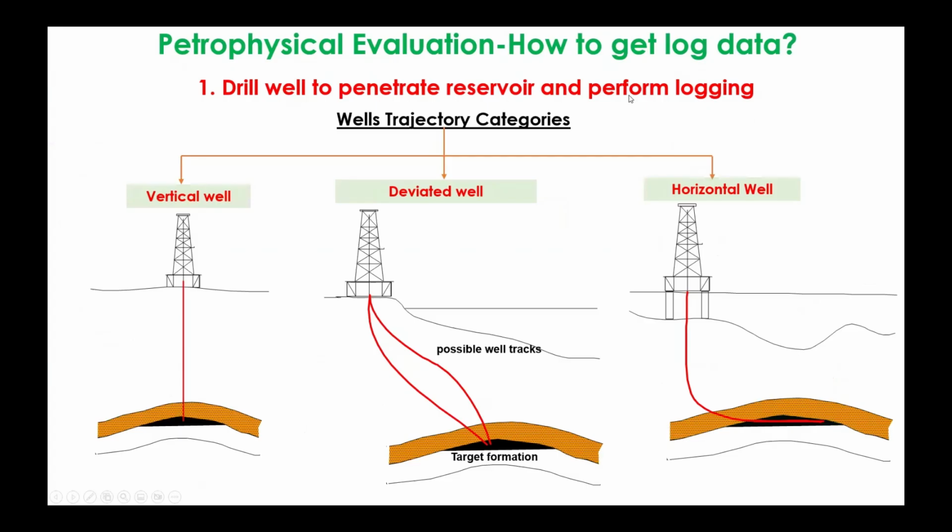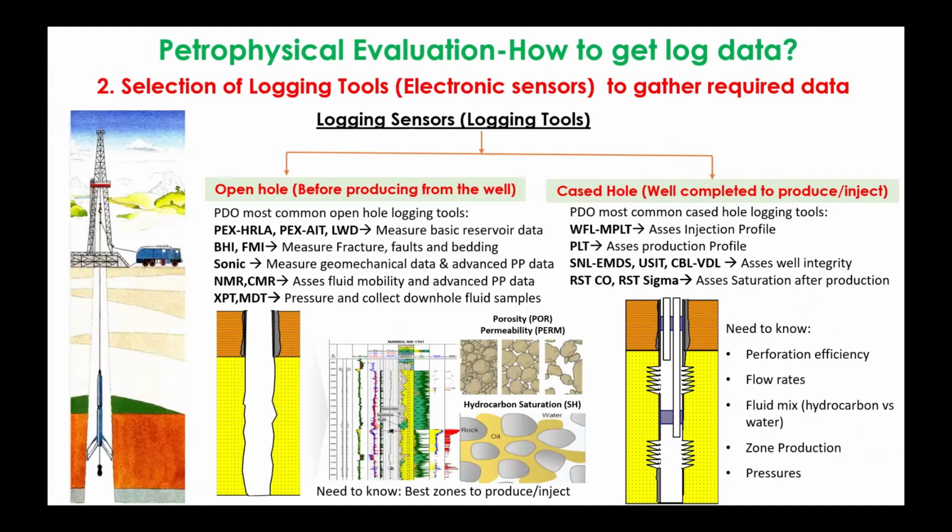I will explain now how we get the log data very quickly. We drill a well that penetrates the target reservoir to be able to acquire the logging data. The well trajectory depends on the best development options for the field and also on the location of the target reservoir. Then logging tools are used to gather the required data.